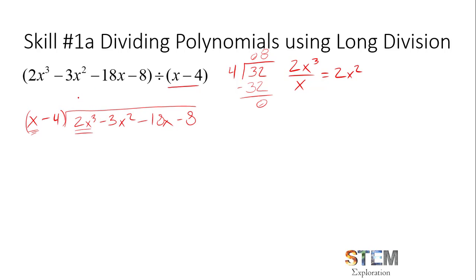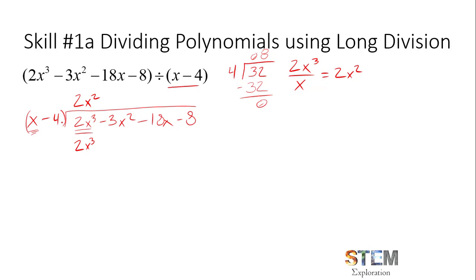Okay, so let me just write that here, and I'll show you what that looks like. Because again, if we multiply x times 2x squared, what we're going to get down below is 2x cubed. And we have to deal with that first. We have to focus on the highest powered part of the polynomial. So if we multiply x by 2x squared, we'll get 2x cubed.